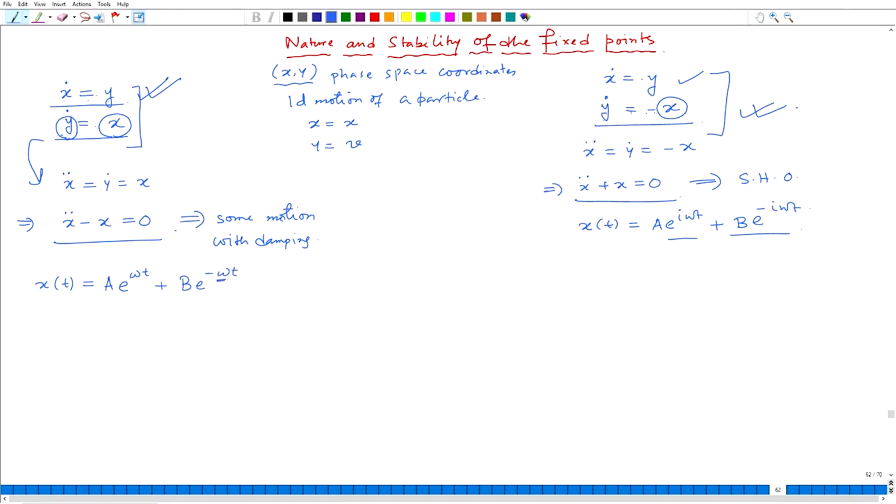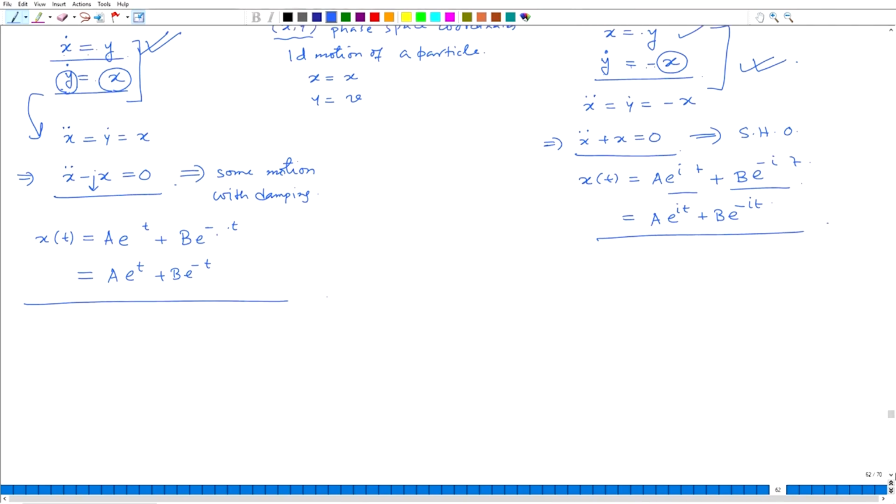Now, this omega should come here as omega square. Since this is 1, I forget everything here, so this omega is 1 here. So, for your case this is equal to a e to the power I t plus b e to the power minus I t. Then you will have a e to the power t plus b e to the power minus t. This is an oscillatory solution, this is an exponentially decaying or exponentially growing solution, that we know.